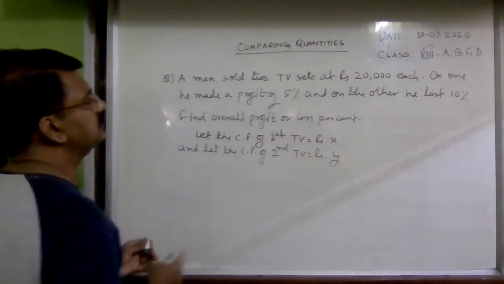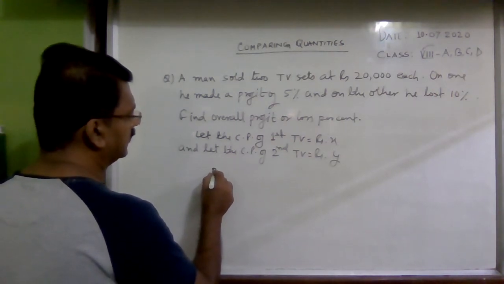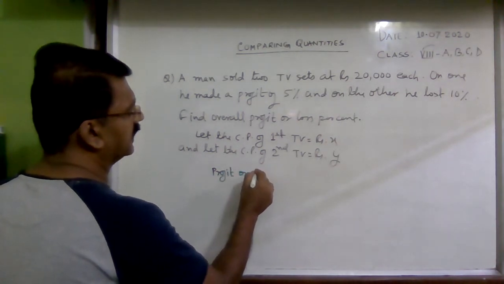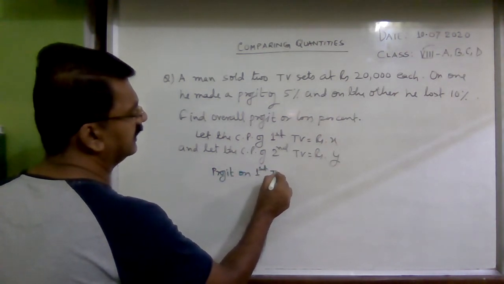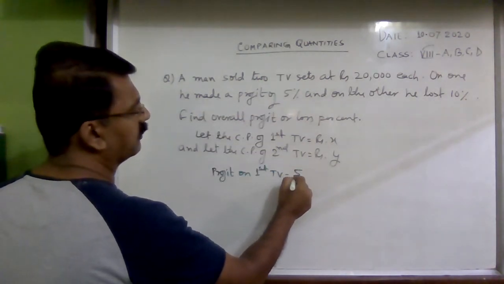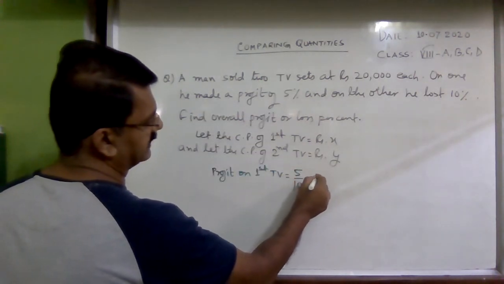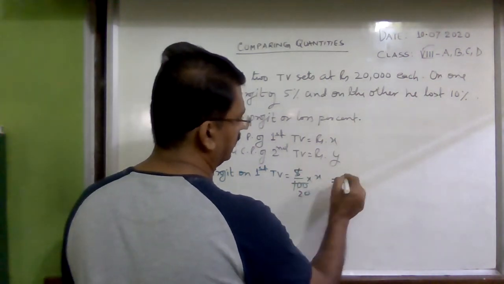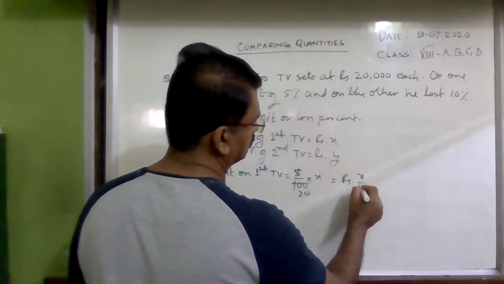Now, profit on first TV, it is given that the profit is 5%. So 5% of X, that is rupees X by 20.